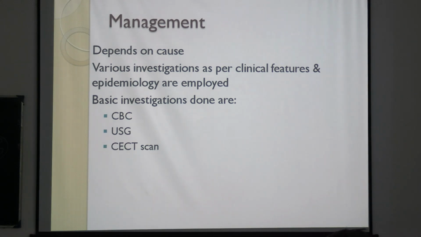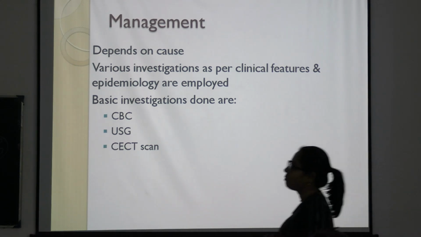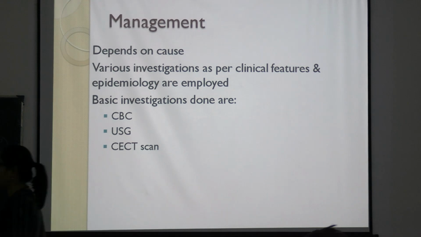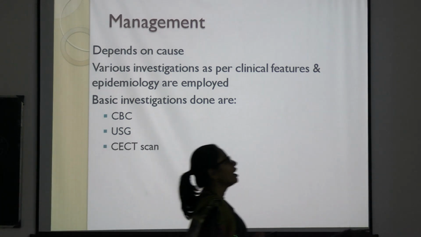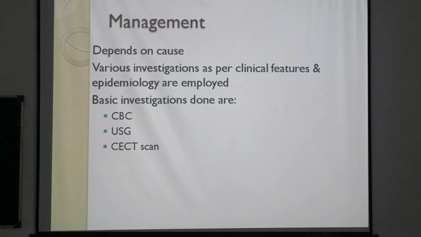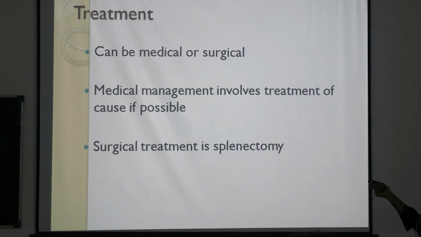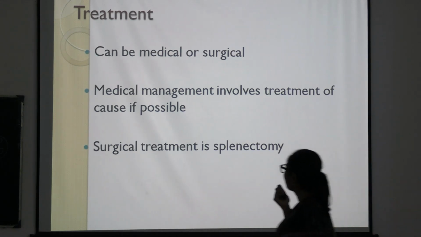Suppose it's some leukemia or lymphoma, you can find that out in CBC, in other blood investigations, and in bone marrow examination. Then you are going to do subtyping and molecular tests. All this is not very important.